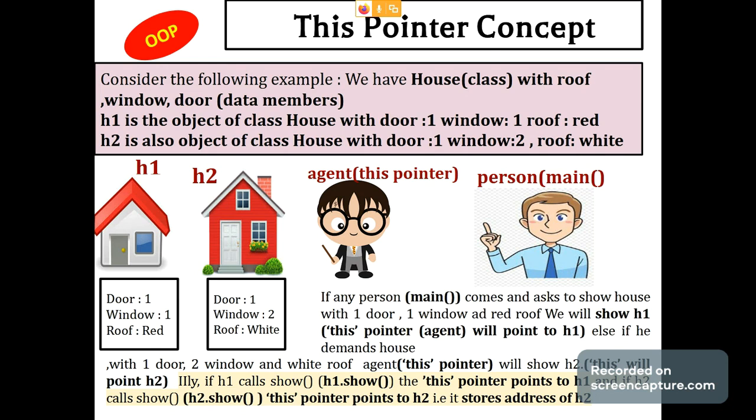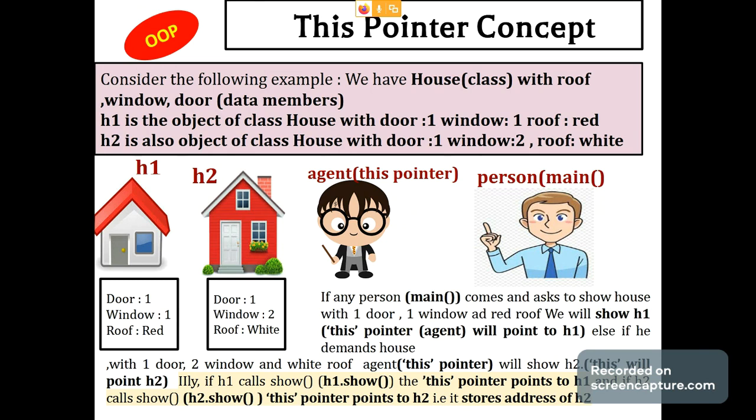Now consider an agent who is sitting and shows the house to different persons. When I'm considering the agent as this pointer, and the main function as a person who goes to the agent, the agent is not pointing anywhere, just sitting idle.